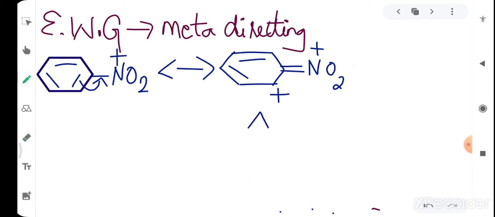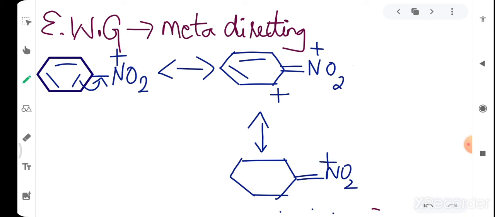Now again, if the electron between these two carbon atoms moves over to this carbon atom, there will be a positive charge over this carbon atom. So your resonance hybrid will have a double bond to NO2 plus. So it moves between these two carbon atoms, so a bond here, and there will be a positive charge over this carbon atom.